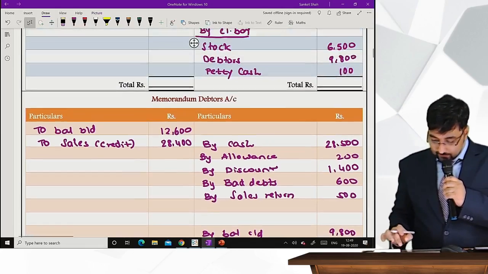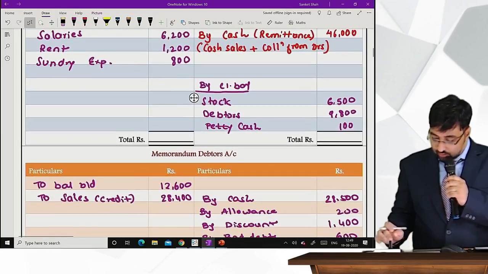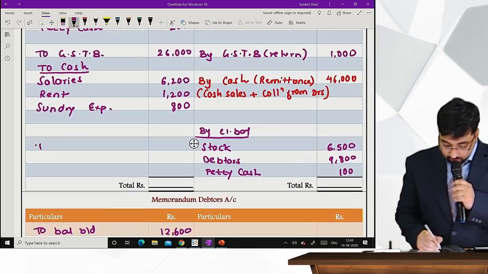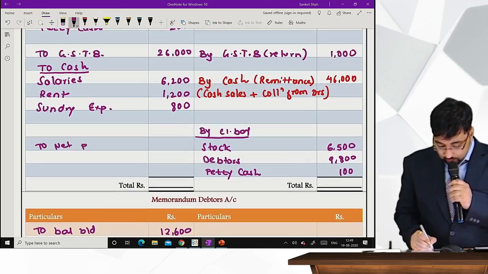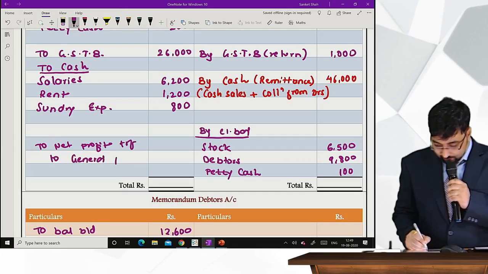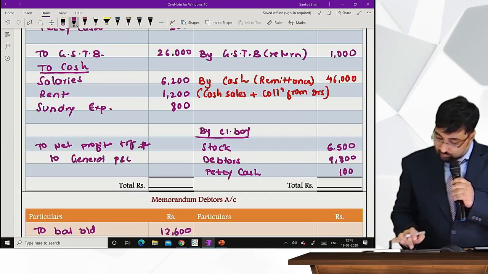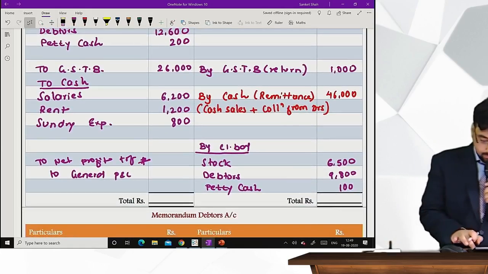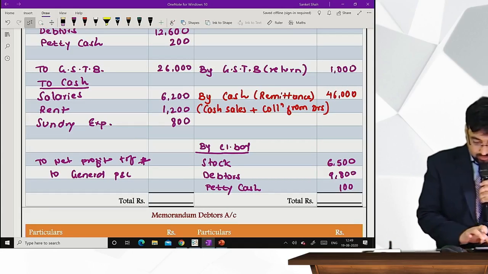Correct. Yes. And now you can find out net profit. There is no cross tally for this. Transferred to general P&L. 46 plus 1 plus 6.5 plus 9.8 plus 0.1.